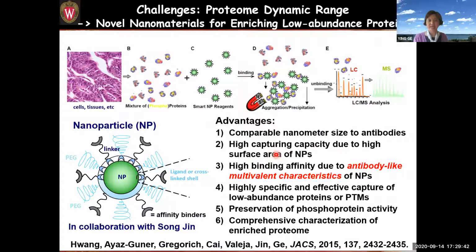So it has high capturing capacity due to high surface area. It also has multivalency, so it allows high binding affinities, similar to antibodies. And we also use that to highly specifically capture proteins and PTMs by those ligands, these affinity binders.